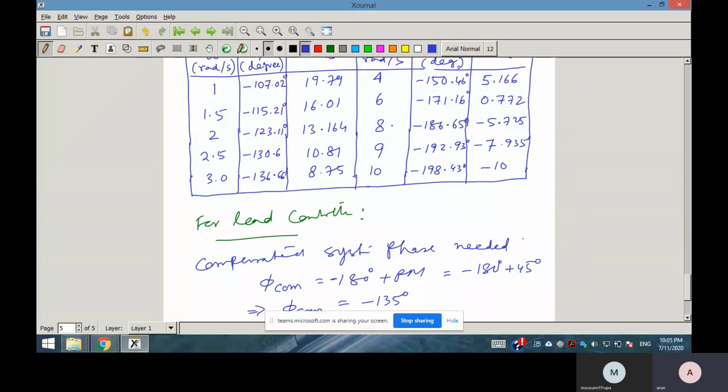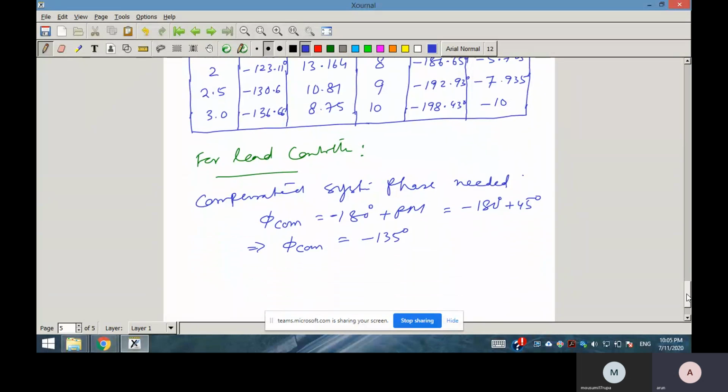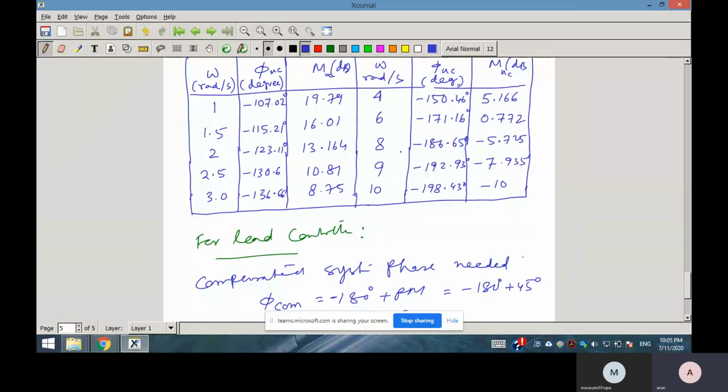So in this range, from 8 to 10 radian per second, you can see that M UC is negative, and also phi UC is less than phi com. So that's why a lead controller can be designed for this plant in the frequency range 8 to 10.